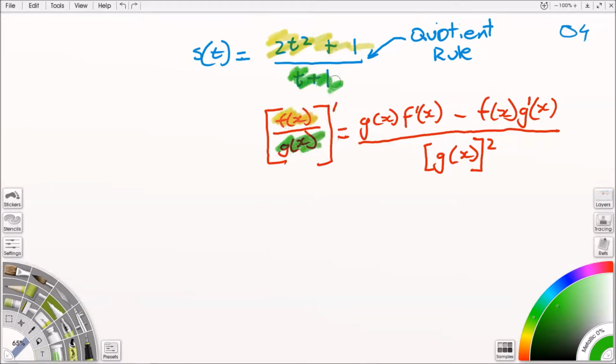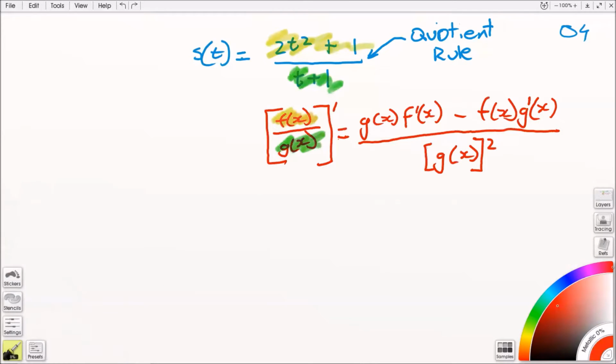Later on, we'll be mixing this with other rules, but at the end of the day, you pretty much always have to use the quotient rule at some point if you've got a quotient in it. If we've got this function and we're deriving it, that's what the bracket and the prime there is, we turn this function into this statement here.